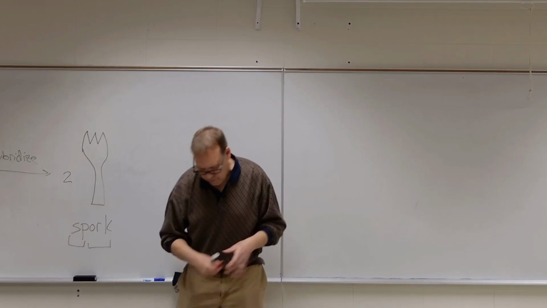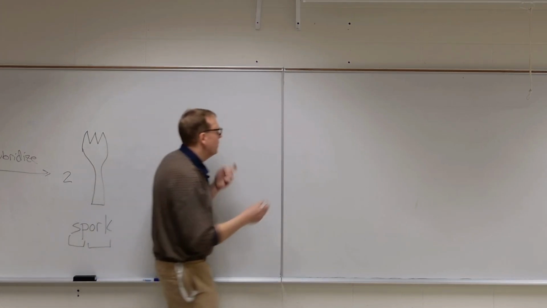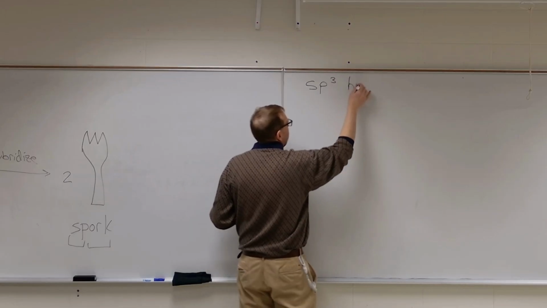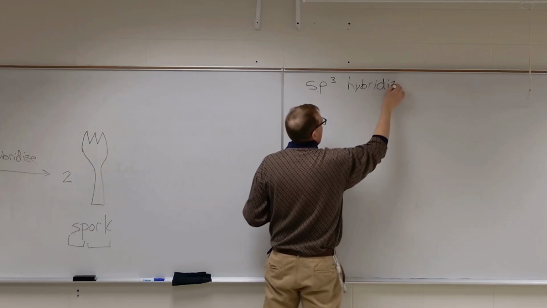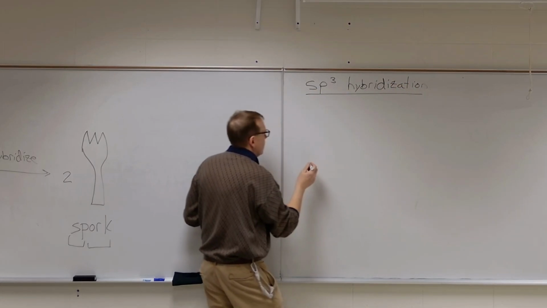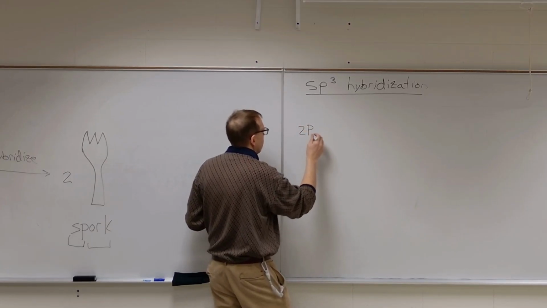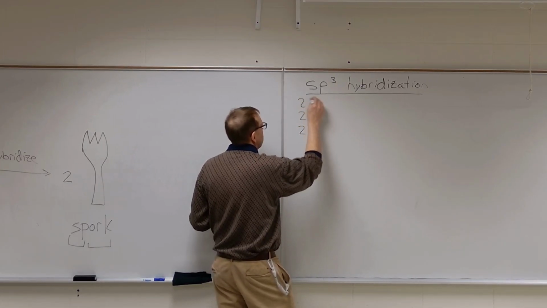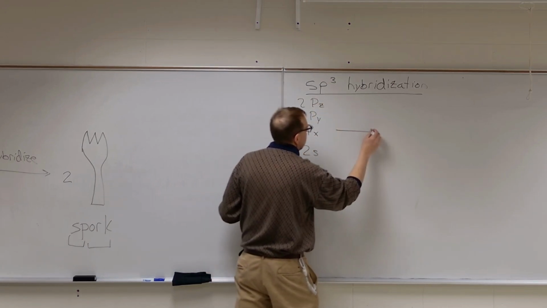Well, actually, let's do sp3 because it's maybe a little more intuitive, since we're mixing all of them together. So sp3 hybridization. We're going to take 2px, 2py, 2pz orbitals and a 2s orbital, and mix them all together.